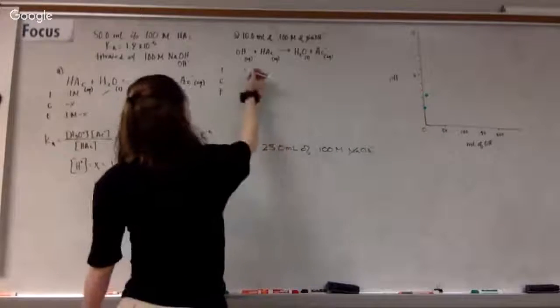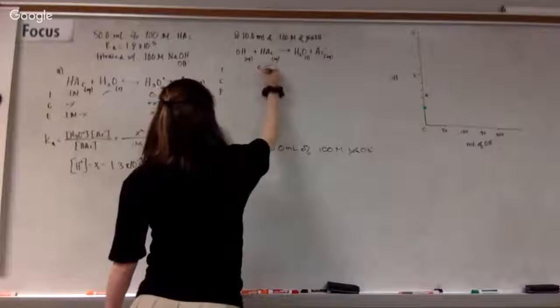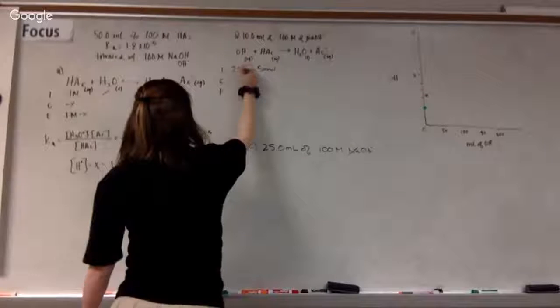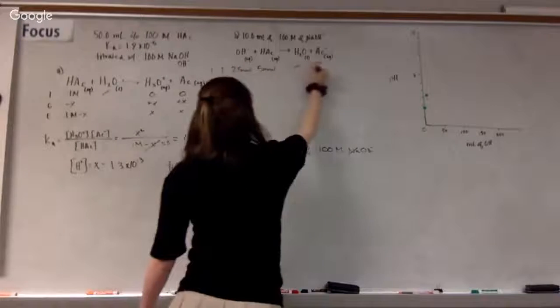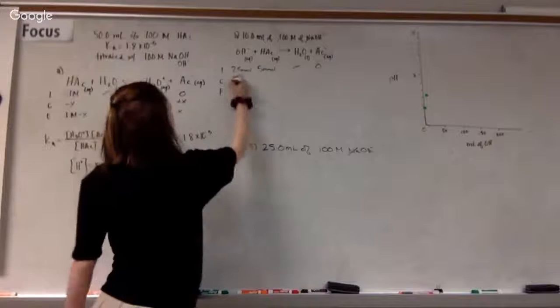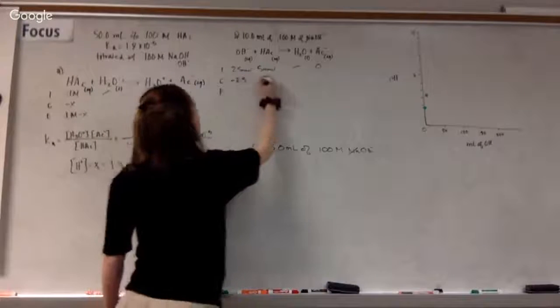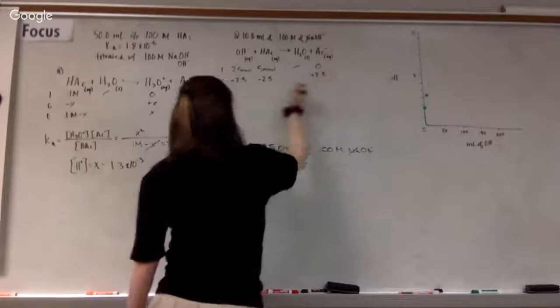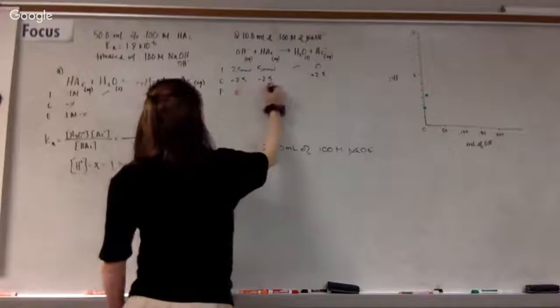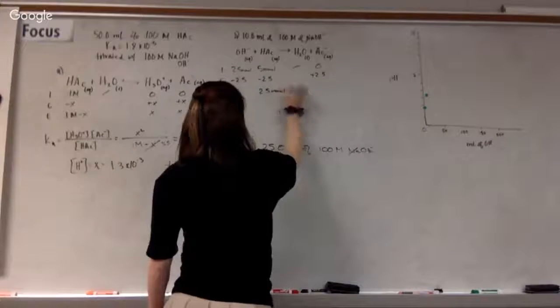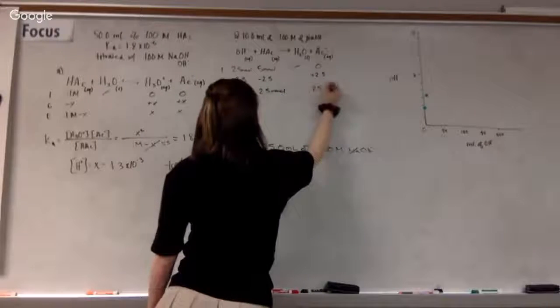So we're going to have 2.5 millimoles and 5 millimoles. Now, if you can math, which you guys all can, do you realize if I react 2.5 millimoles with 5 millimoles, I'm going to use up exactly half of the millimoles? So we're halfway to completely neutralizing it. So we call that the half equivalence point.